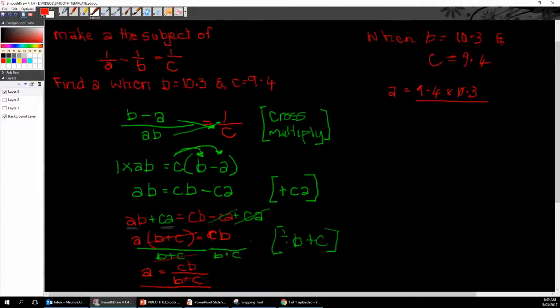So that would be 10.3 is B. 10.3 plus 9.4.